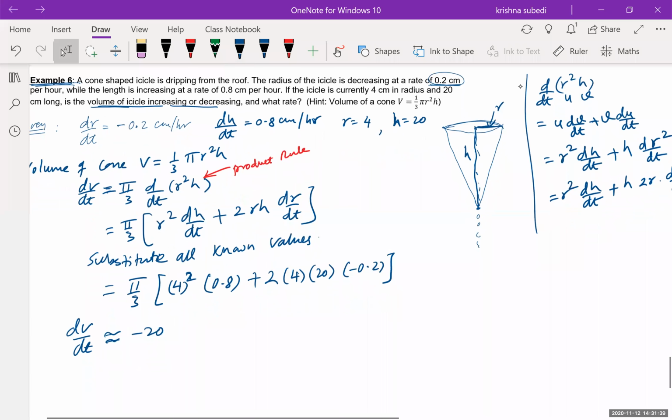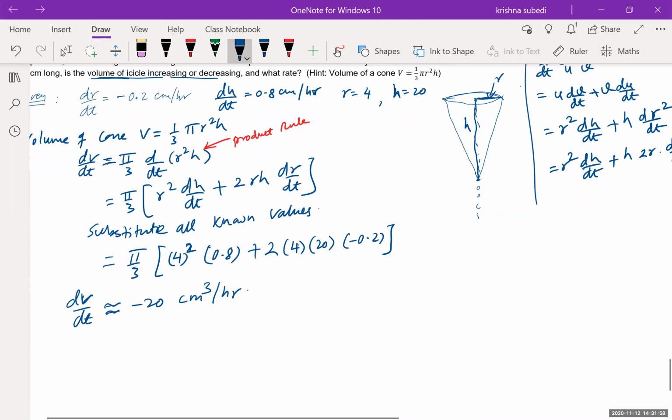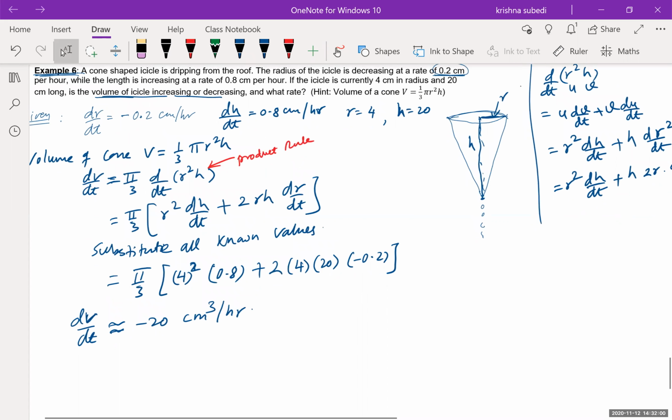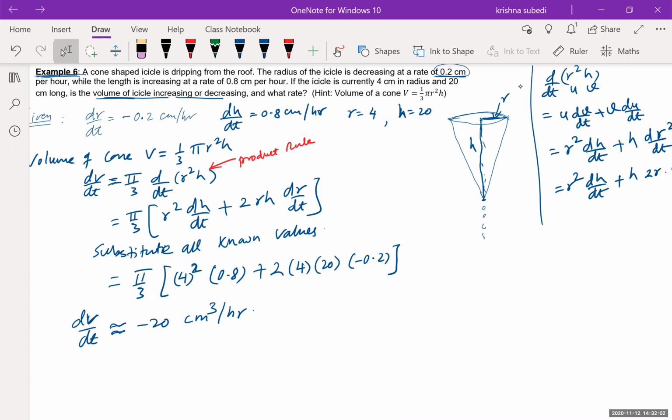Remember, this dV over dt is the rate of change of volume, so the unit is negative 20 centimeter cube per hour. So what it means is the volume is decreasing.